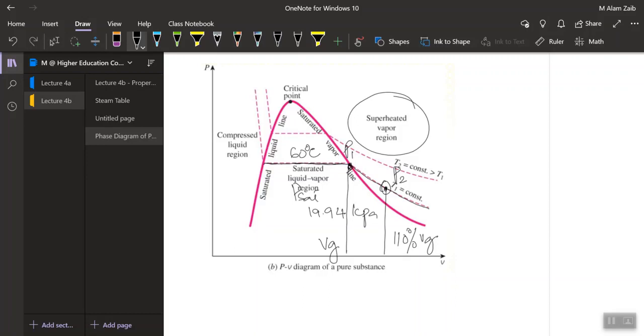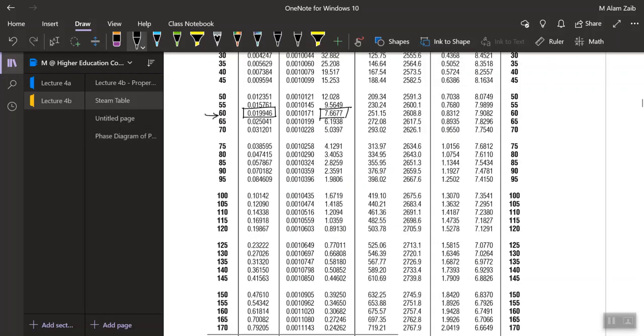Let's first find the different volumes. In our steam table, at a temperature of 60 degrees centigrade, I would have a volume Vg equal to 7.6677. That's what is written.